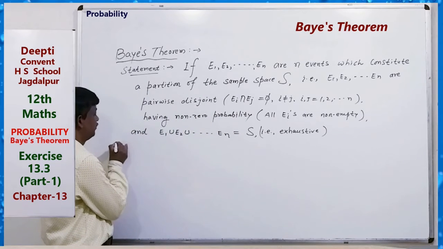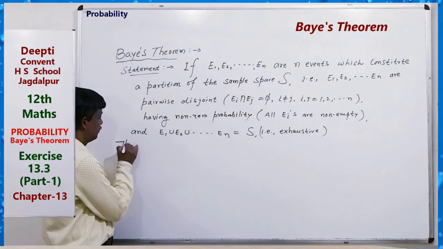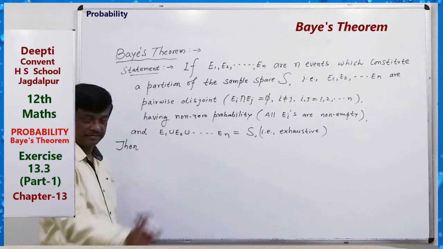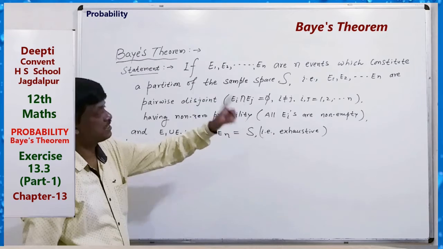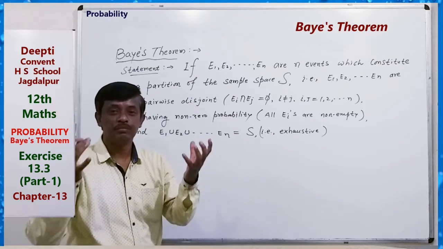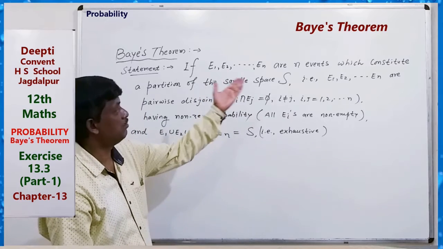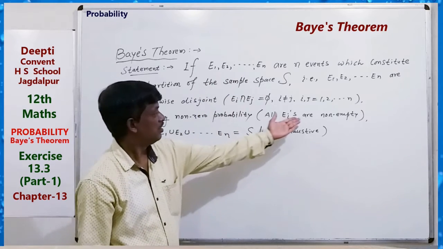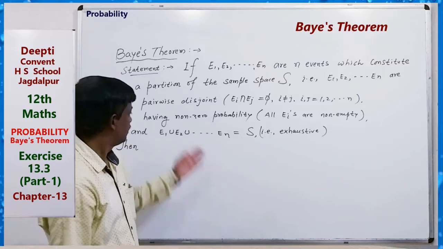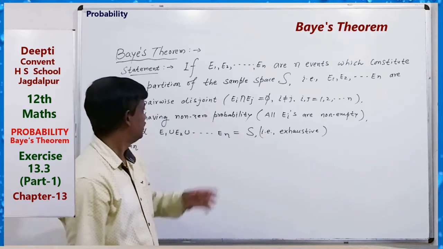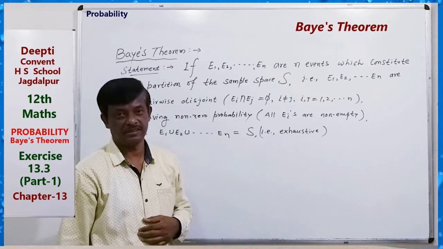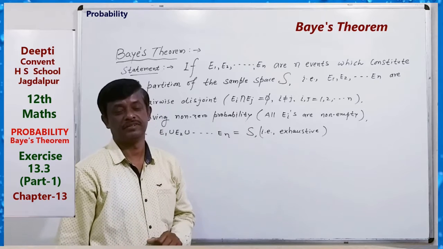So we just wrote about a partition: E1, E2, ..., En are a partition of n non-empty events, non-zero probability, pairwise disjoint, exhaustive.